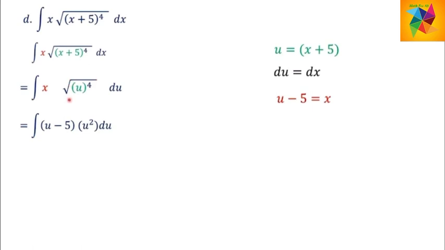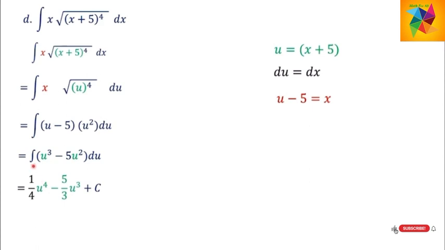In other words, the square root of u to the 4th is simply u squared, because 4 raised to the 1/2 is the same thing as the square root of 4, which is just 2. And now we are distributing u squared to u, and that becomes u to the third, and u squared is multiplied by negative 5, so we get negative 5 u squared.